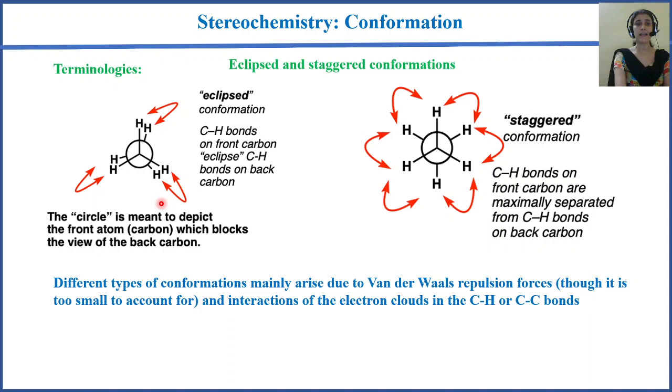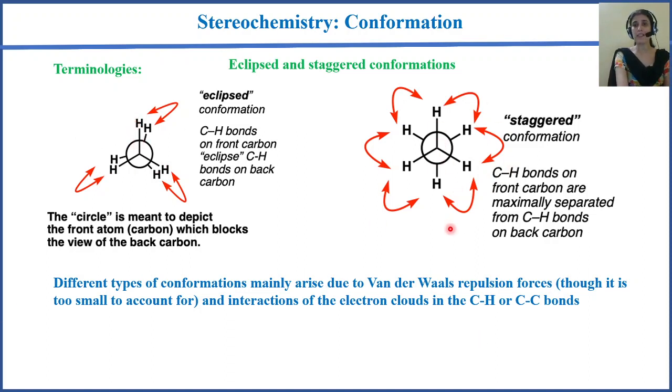So we can imagine that in the eclipsed conformation, this CH bond is eclipsing the CH bond of the back carbon, and this CH bond has a van der Waals repulsion with that CH bond on the back carbon. But in this case, there is no such van der Waals repulsion. So this is energetically higher and this is energetically lower.